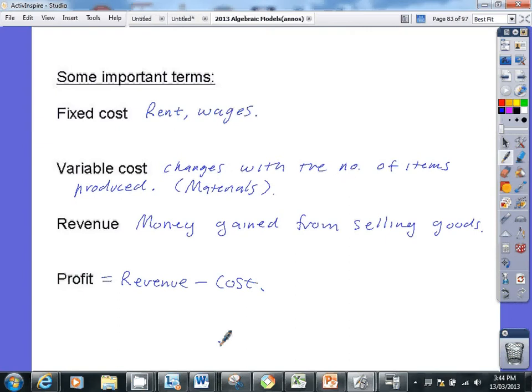So you need to subtract your costs from your revenue. That $50 you've made for the day, that's your revenue, the money you've gained. Once you subtract your initial costs, which come from the fixed costs and the variable costs, then you've got your profit. So revenue and profit are different from one another, although there is a relationship within this equation.